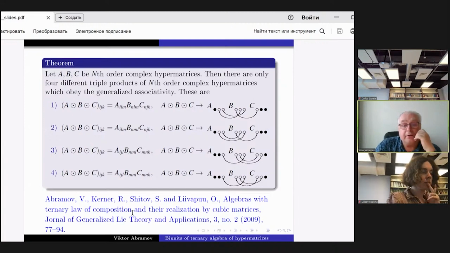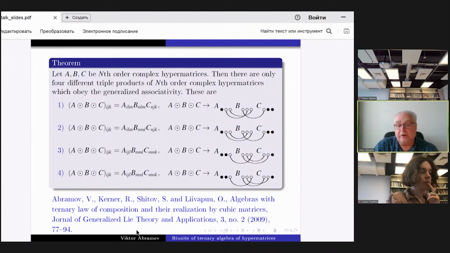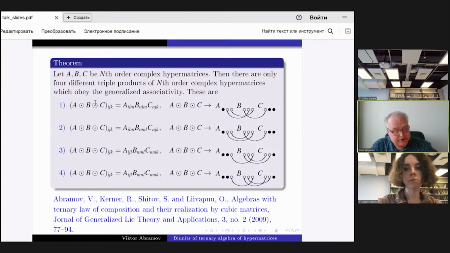So now I will remind you of a theorem. We proposed this theorem in the paper, whose date is written here. It appeared in 2009. In this paper we have several things, but one of them is the associative triple products. We prove the theorem that if A, B, C are complex hypermatrices, then we have only 4 different triple products which obey the generalized associativity.